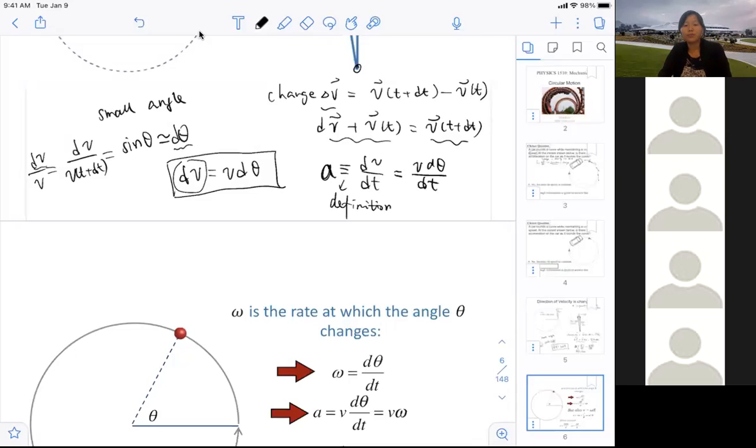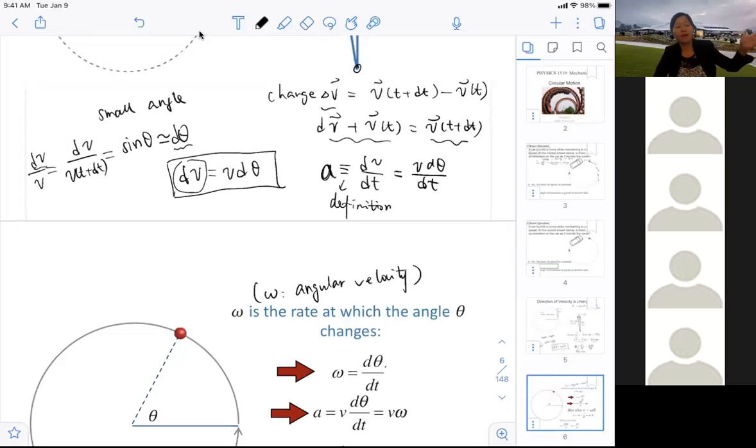So omega represents the rate at which the angle changes. We're not going to go into more detail here, but later on when we do rotational kinematics, we will go over the omega again. But just here, we all need to know this is called the angular velocity.